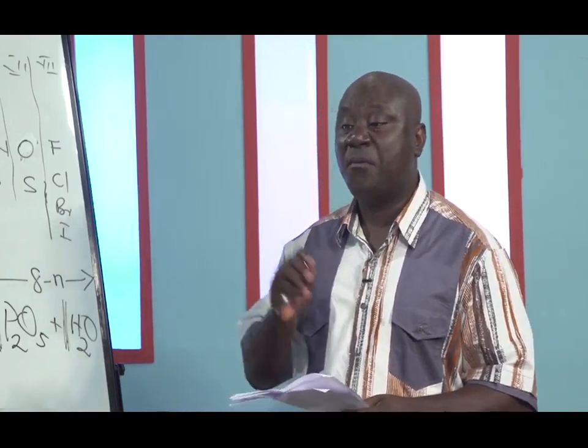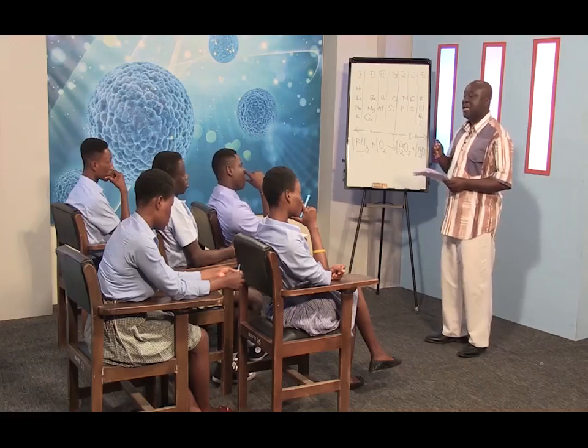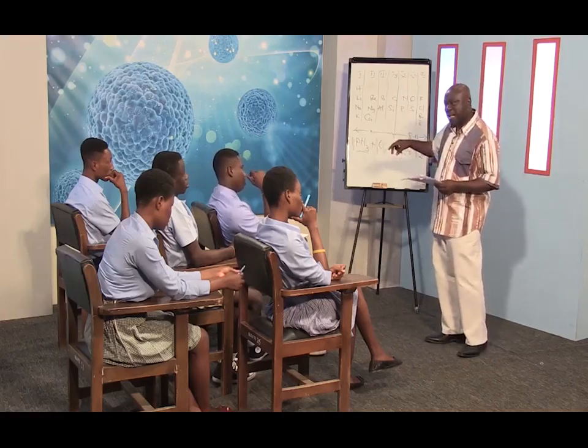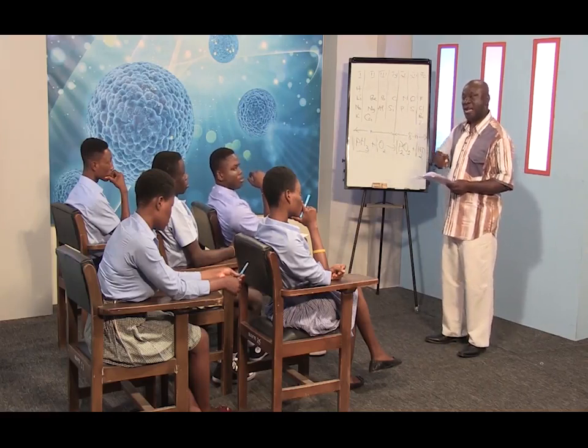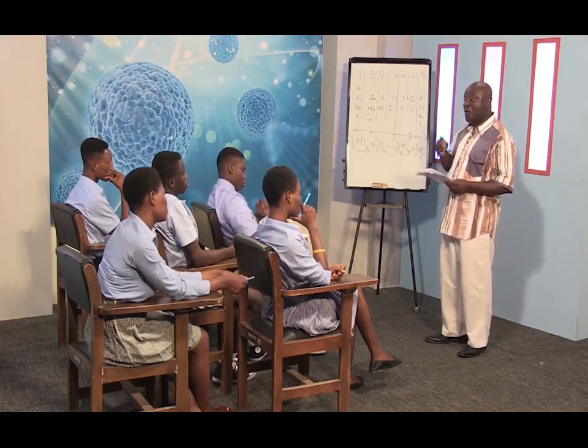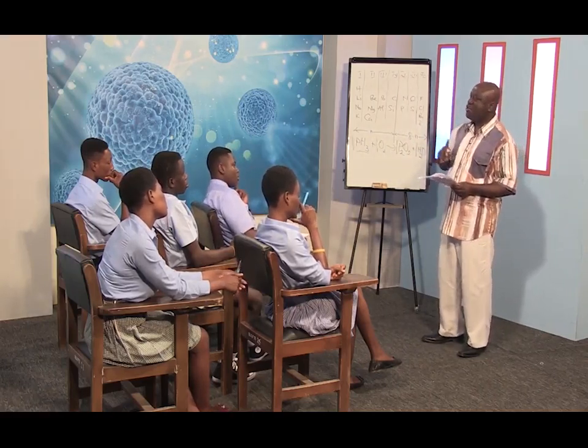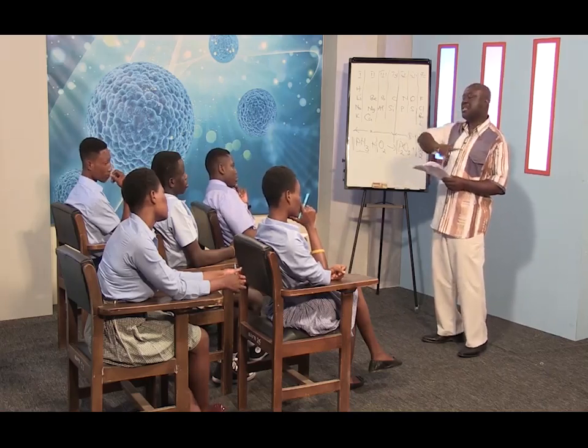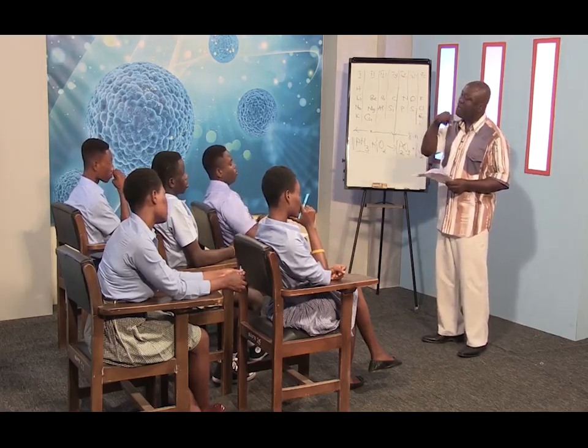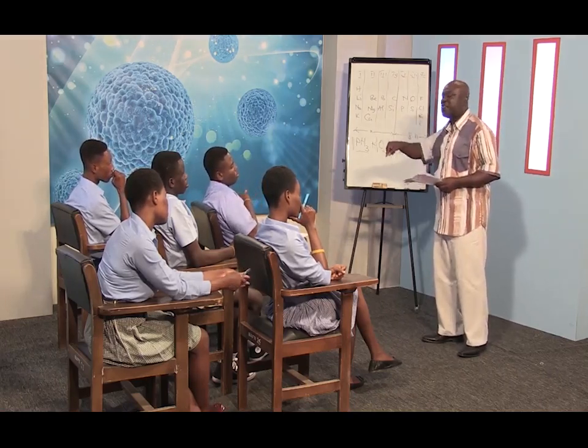Ionic bond is not formed by a non-metal losing an electron to a metal. Rather, it is formed by a metal losing an electron, or there is complete electron transfer from a metal to a non-metal and not from non-metal to a metal.